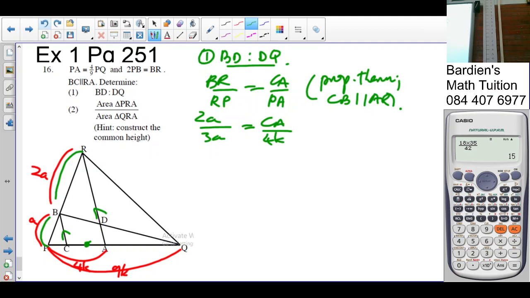The A's cancel. So CA is equal to 4K times 2, which is 8K over 3. So it's going to be 8 over 3K. Sorry? 8 over 3K, no?